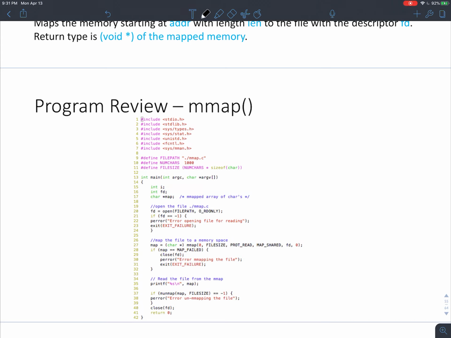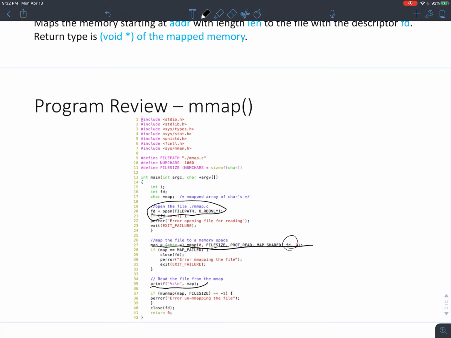So here I provide a program to do that. First, by opening a file, we get the file descriptor, which is the file ID. And then next we build the mapping. We want to map the 0 space of the physical memory with the start of the file.